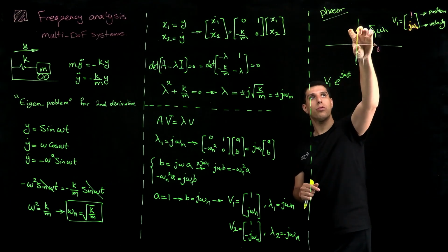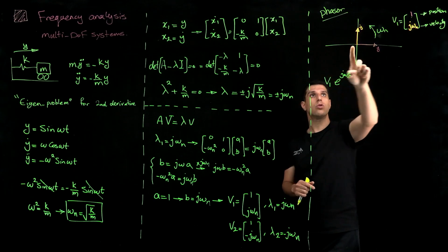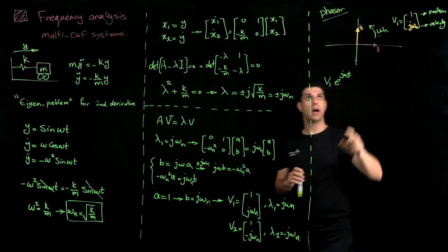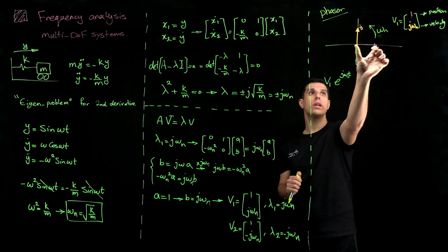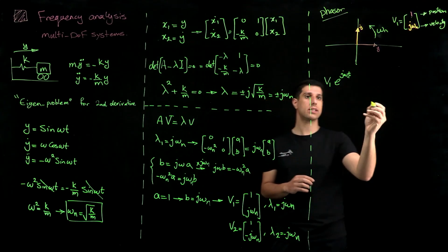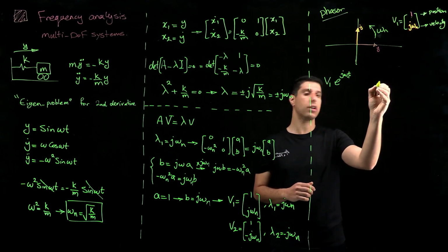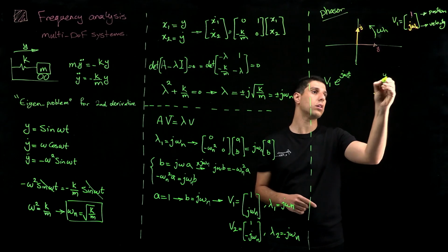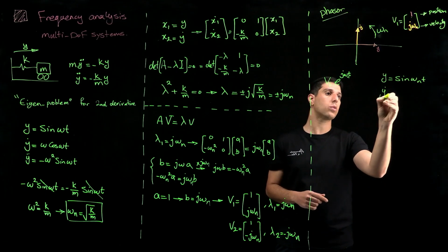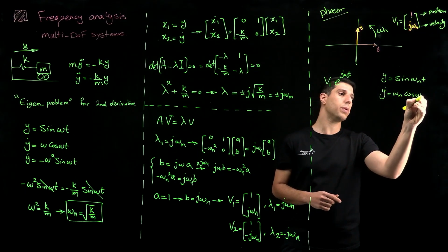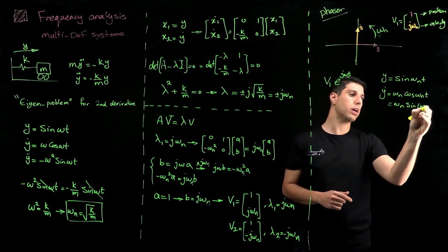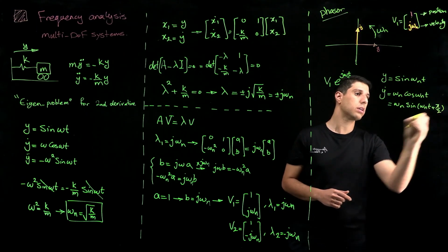So as I rotate this, my position goes back and forth, and my velocity also goes back and forth, but my velocity will always remain 90 degrees ahead of my position, which makes sense if you write your system, your y, which is sine of omega n t, your velocity y dot will be omega n cosine of omega n t, or sine of omega n t plus 90 degrees.